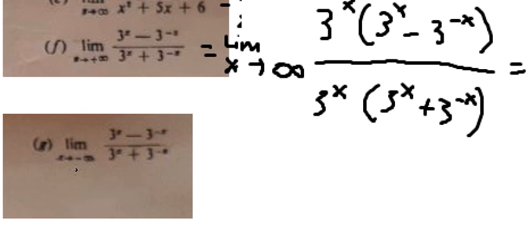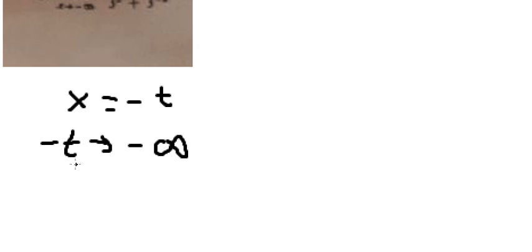Now we have s going to negative infinity, so I will put s equals negative t. Because we change s into negative t, negative t goes to negative infinity. Now we simplify the negative sign on both sides, so t will go to positive infinity.